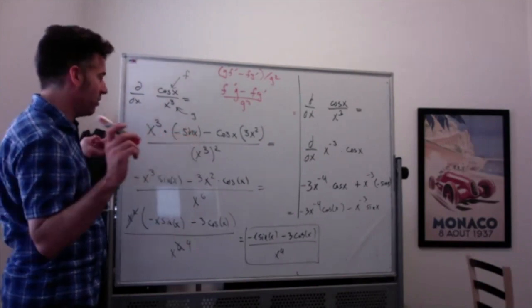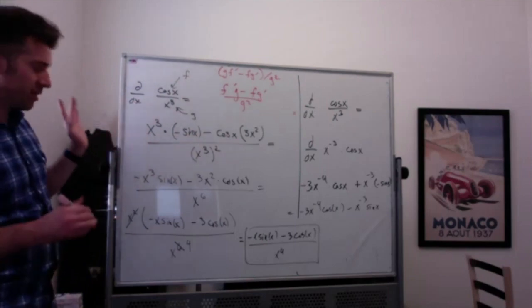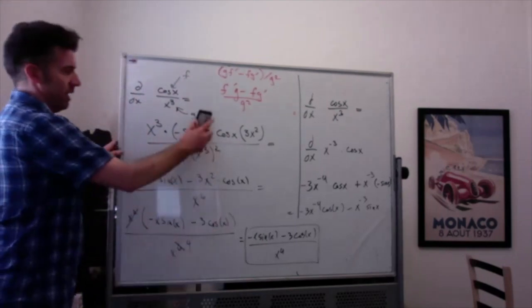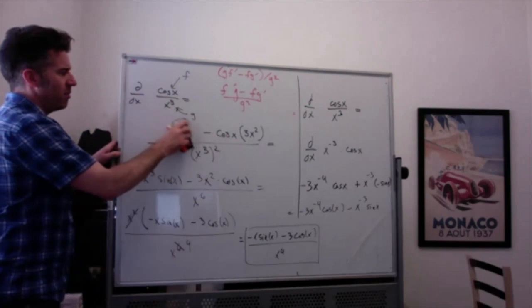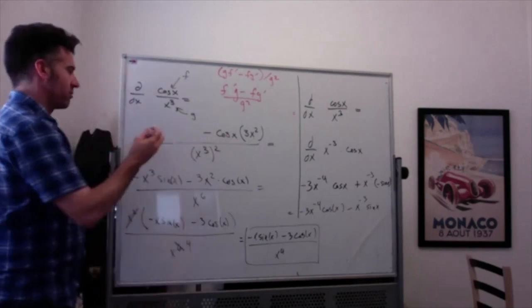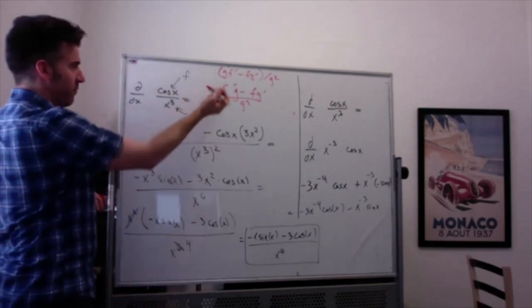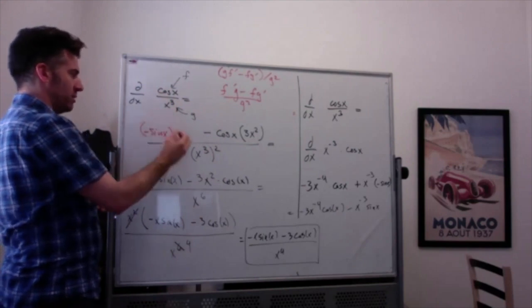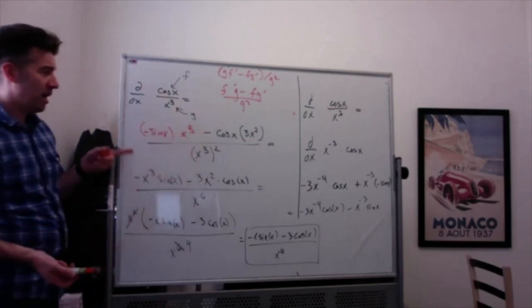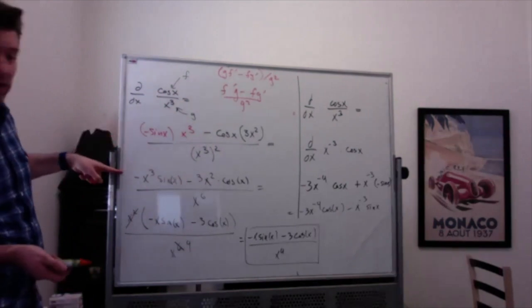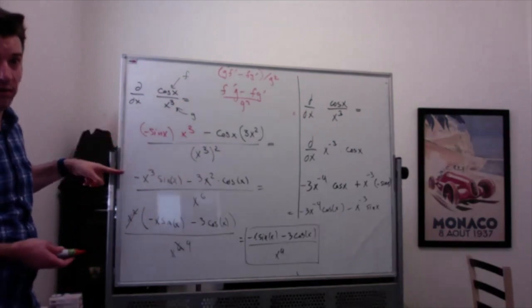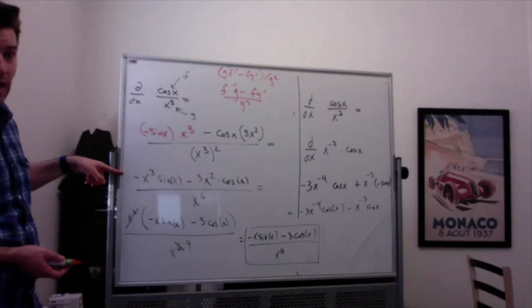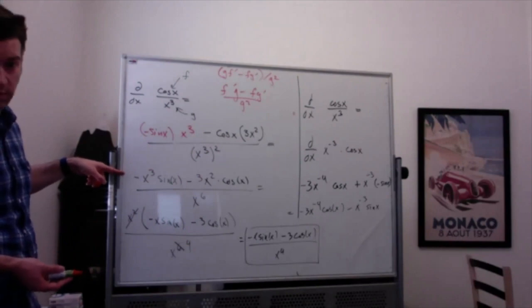And I will point out, regardless, let's pretend for a second that I had done it the other way. That I said, oh, I'm going to do it as f prime g, which is negative sine of x times x cubed. After that step, I still would have written it this way, because it's still very much the standard way to write the powers of x before we write the trig functions.